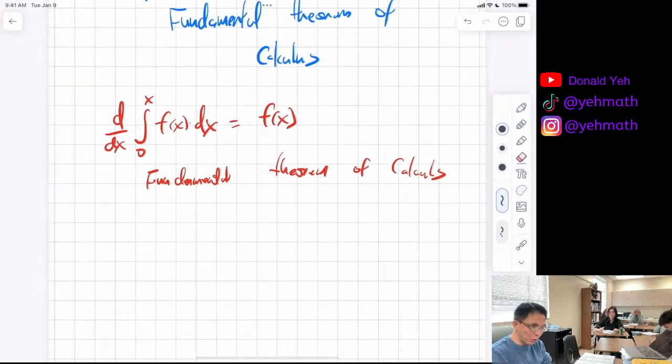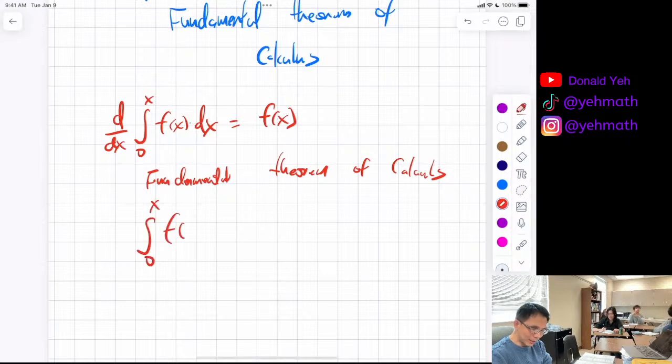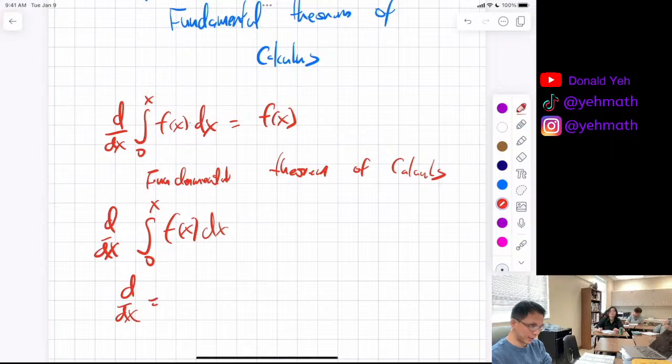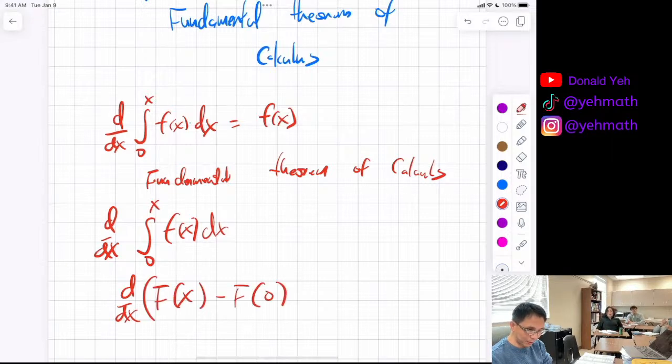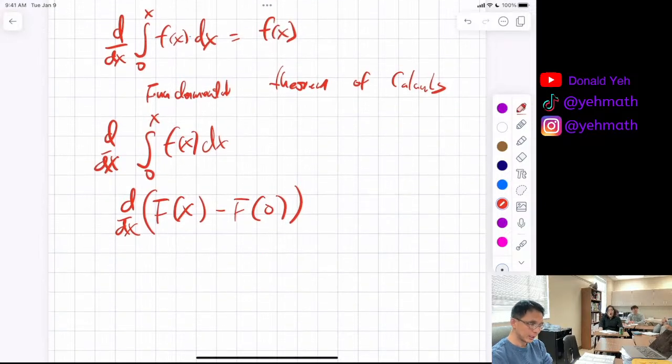Now I'm going to show you what happened here in slow motion, instead of just saying, hey, this is this way. First of all, I'm going to do fundamental theorem of calculus part 1. So that's equal to what? d/dx of, what's the integration of lowercase f? Capital F of x minus capital F of 0. Does that make sense? Now, if I take a derivative of this, it's going to be what?